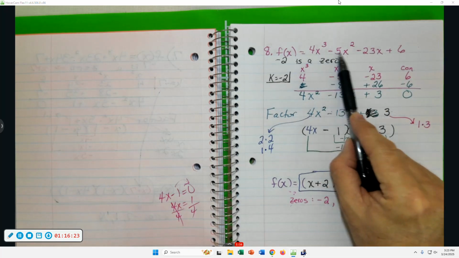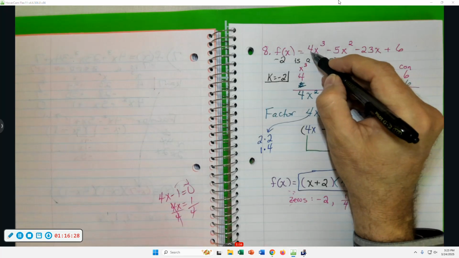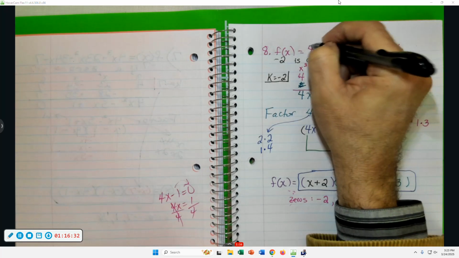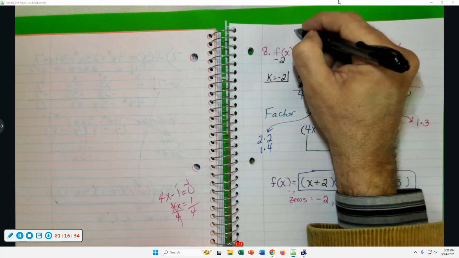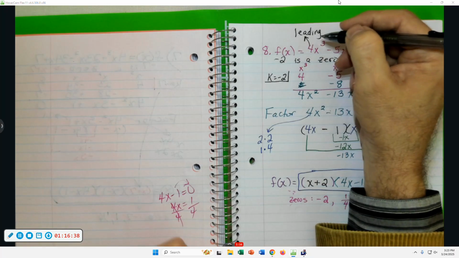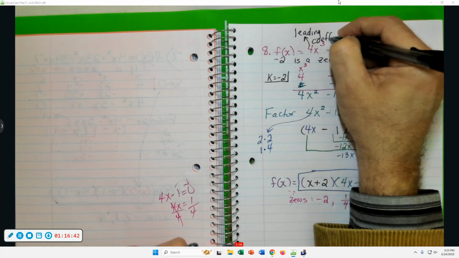If we have a polynomial like this, we're going to call the coefficient on the first term, the one with the biggest exponent, I'm just giving you some terminology, that's going to be called the leading coefficient, because it's in front, it's the first one.